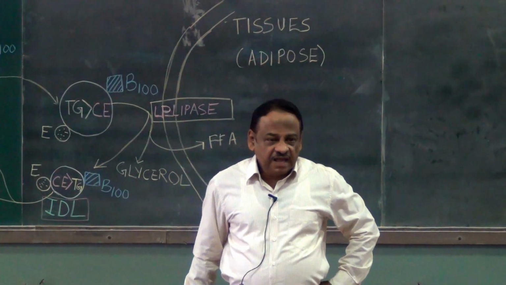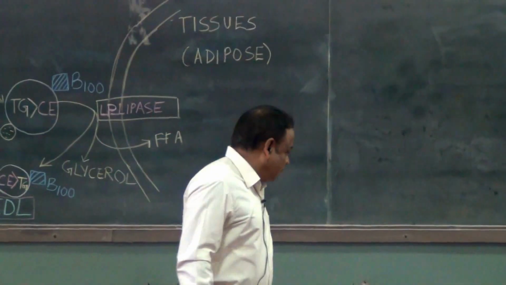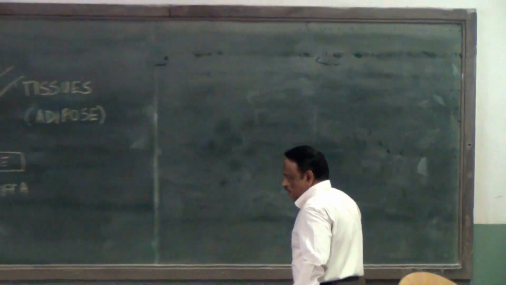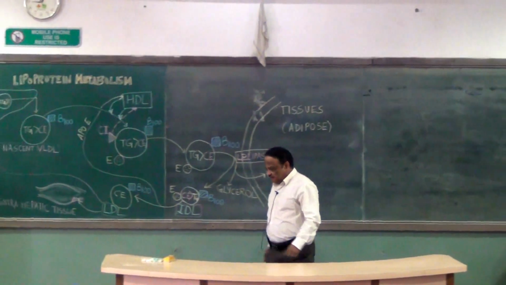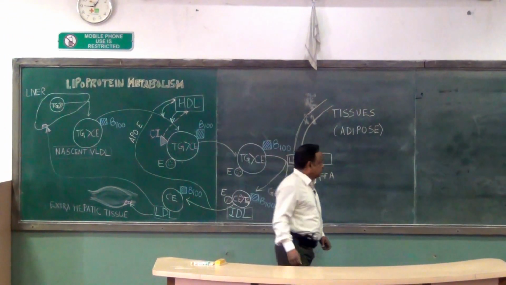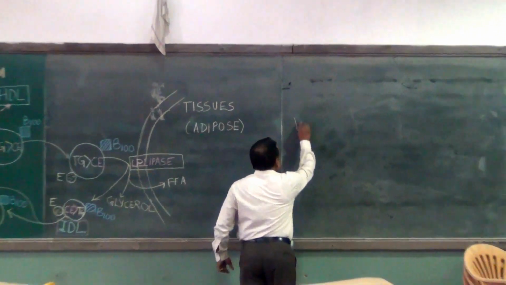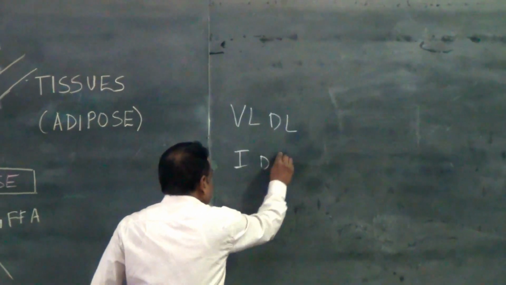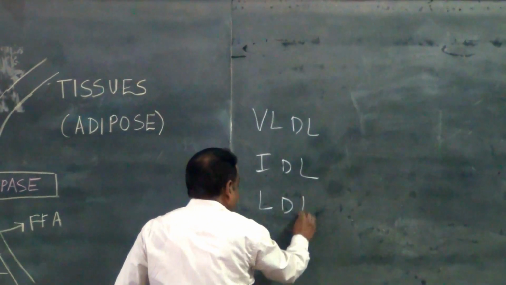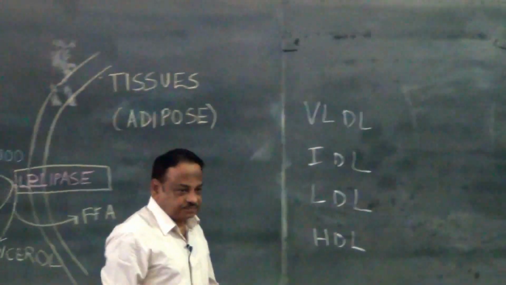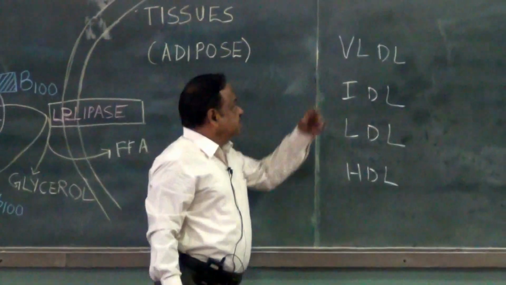Now, the other lipoproteins, in addition to the chylomicrons, many of you may be knowing also. So one is VLDL, then you have IDL, LDL, and HDL. So first one is chylomicron.